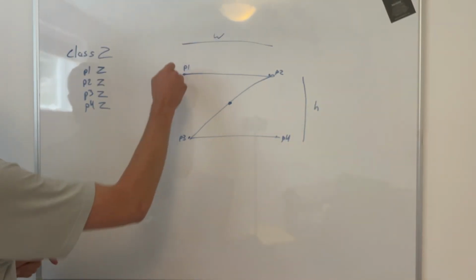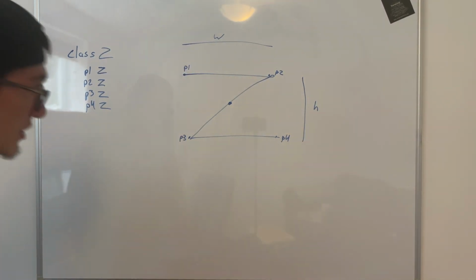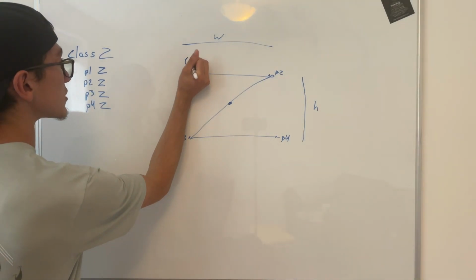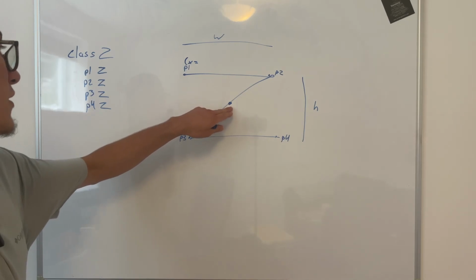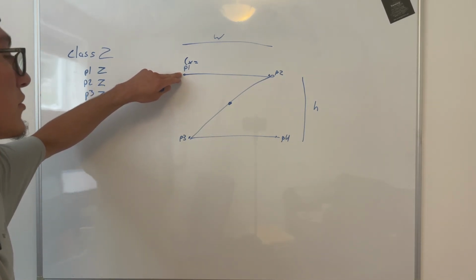So to get the point 1, we would just do the point 1 position. So for the x, it would be position dot x minus width divided by 2, minus height divided by 2.